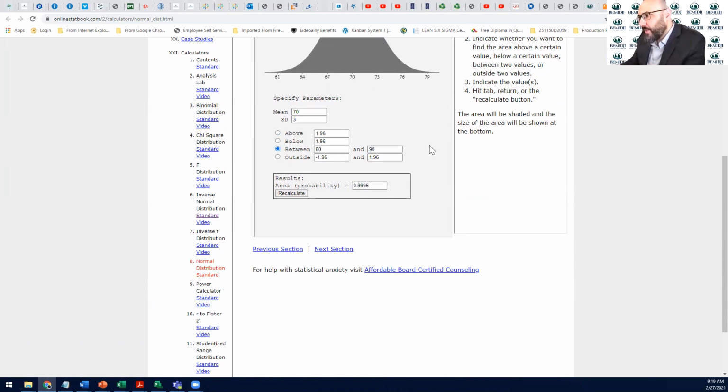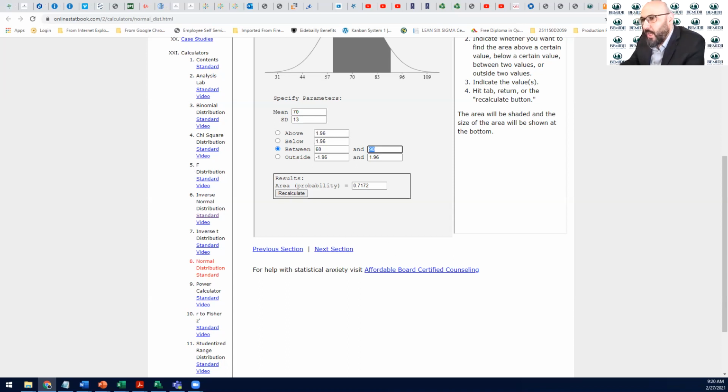So put the mean, the standard deviation, and 60 and 90 in here.